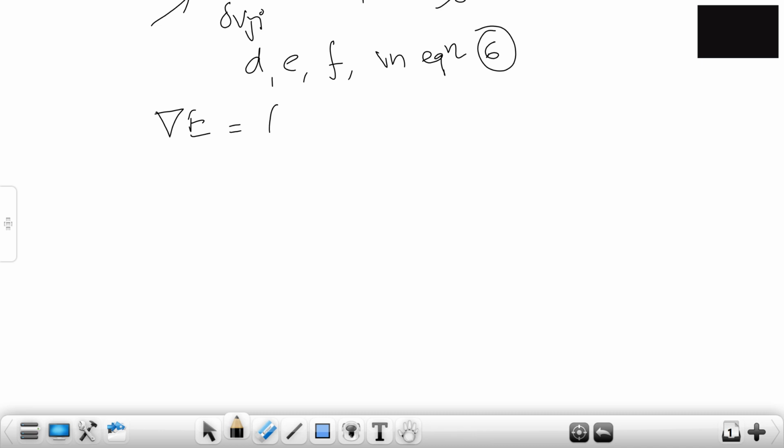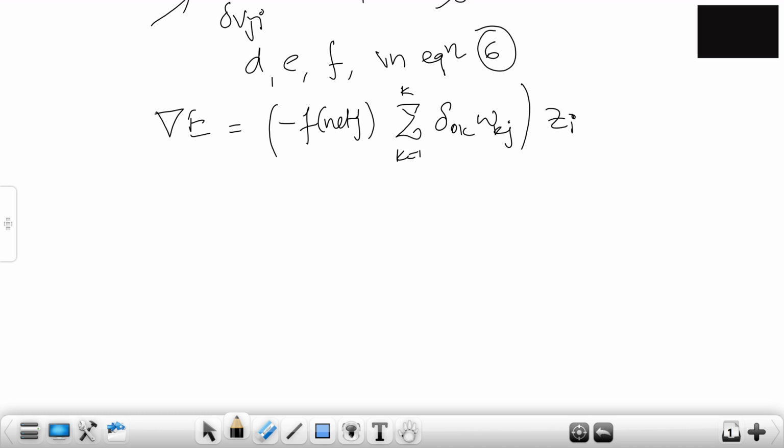Grad of E equals minus f dash of net j, summation k from 1 to K delta OK Wkj, this whole thing multiplied by Zi, this Z that we found just now, right? So let's say this is your equation 8.